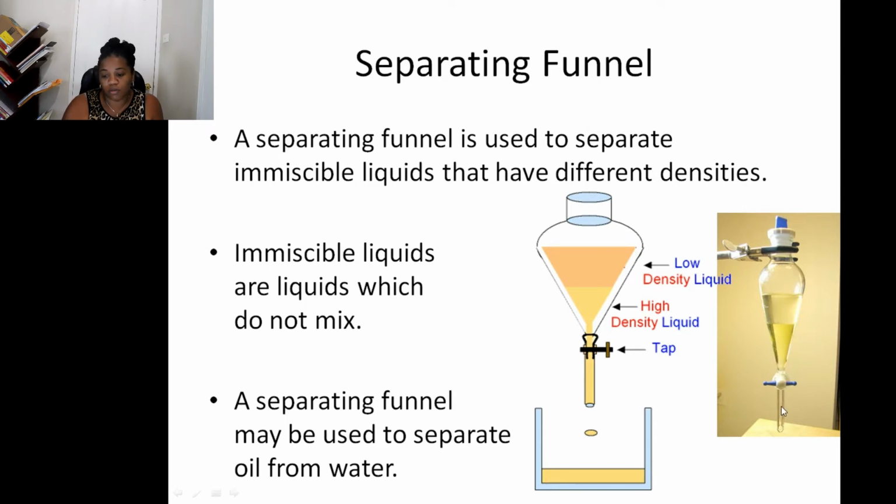And so you let off the water. If this was water and oil, you let off the water, and then you stop it immediately as soon as you reach this layer. Okay? It's pretty cool. You just have to have quick reflexes.